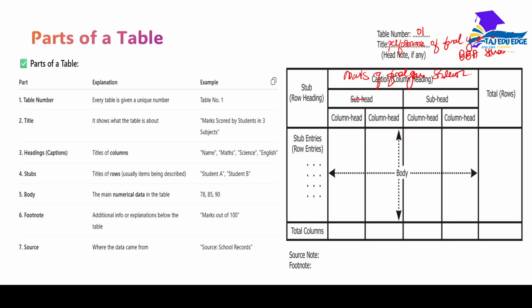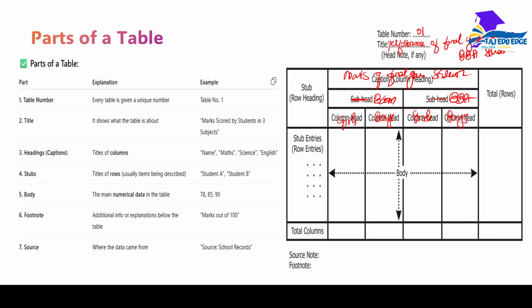Later, under subheading I can segregate into BCom and later I can segregate into BBA, two different courses. In BCom BBA again I can segregate something, right? Yes. Let's say I can segregate into girls and boys. That can be a column heading, girls, boys. Again here in BBA, girls, boys.